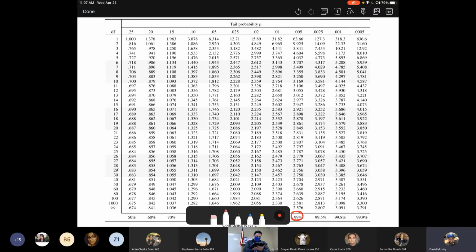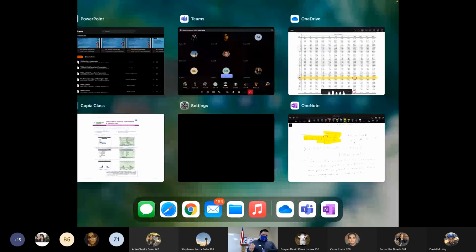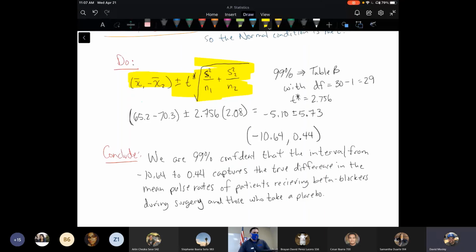And 29 degrees of freedom is available on the left-hand margin. If we follow this over, the intersection between 99% and 29 degrees of freedom is 2.756. Again, that becomes the critical value. And so that's where that number came from.